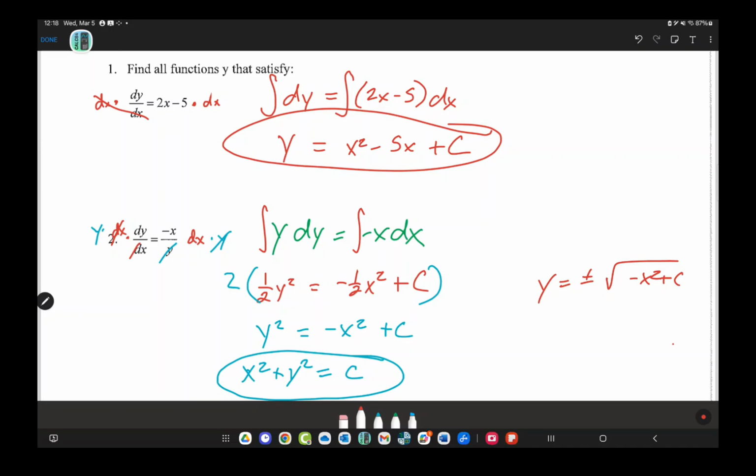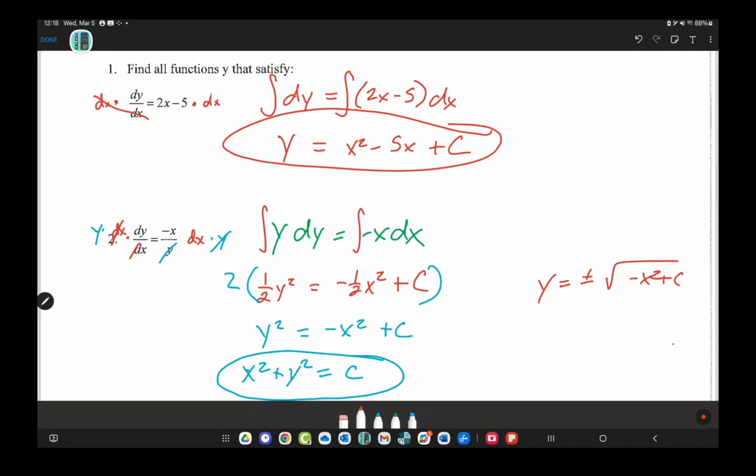And in those cases, what they would do is give you a coordinate that works so you could solve for c. Let's say they give you something like (0, 2) as my coordinate.